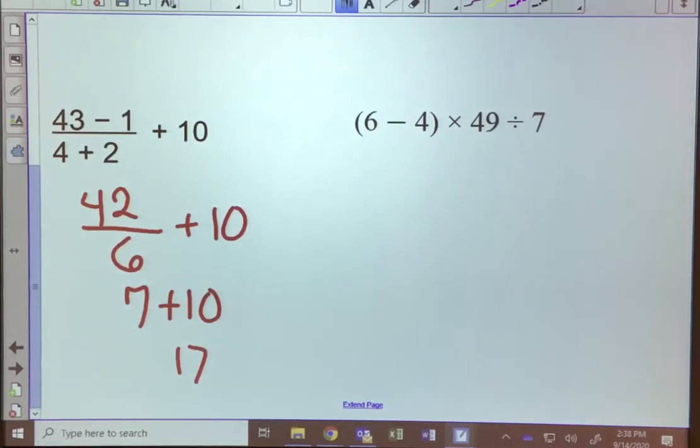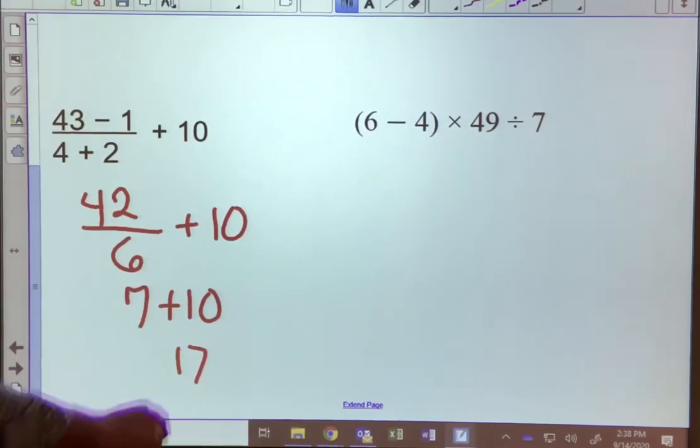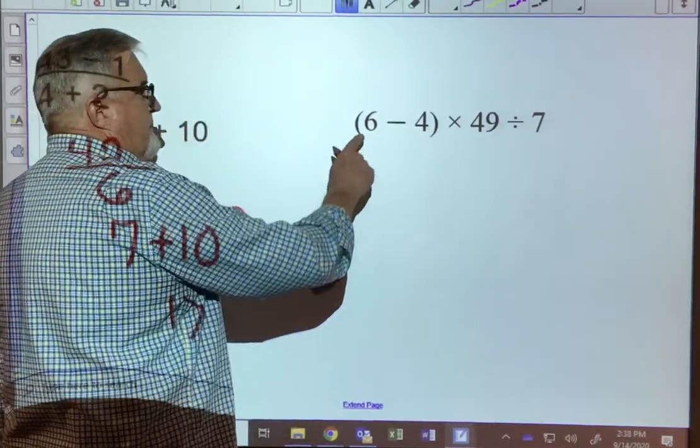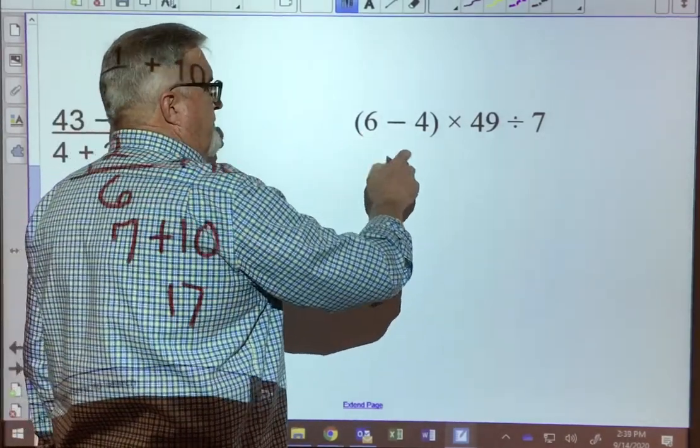Okay, over on the other side, we've got a problem that has subtraction, multiplication, and division in it. Normally we do that multiplication or the division first, but since it's in parentheses, we're going to do the subtraction first. Well, 6 minus 4 is 2.